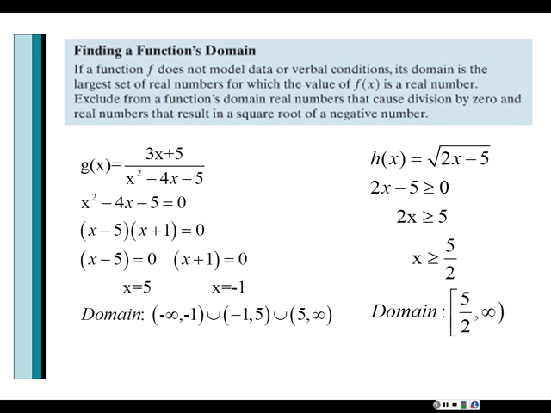Now what does it mean? It means that for this value or more than this, we will not have any negative number square rooted, right?